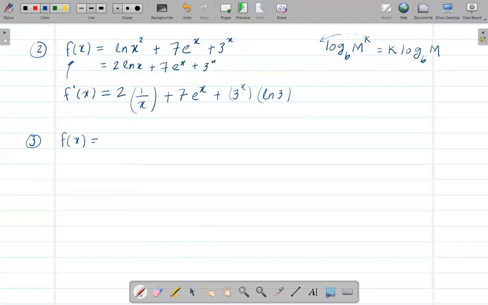F of x is equal to 7x squared minus natural log of x to the power 8 plus 4 times e to the power x minus 5 to the power x plus, now there is one new term, log base 9 of x to the power 5.